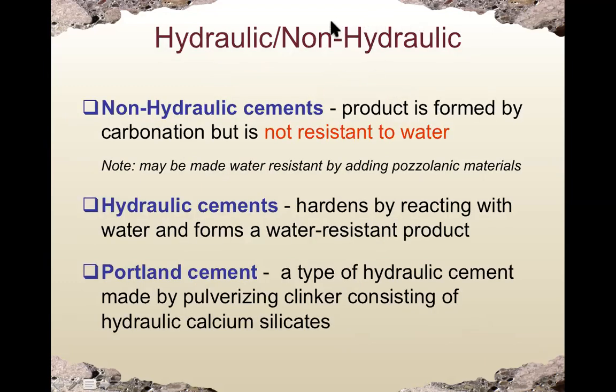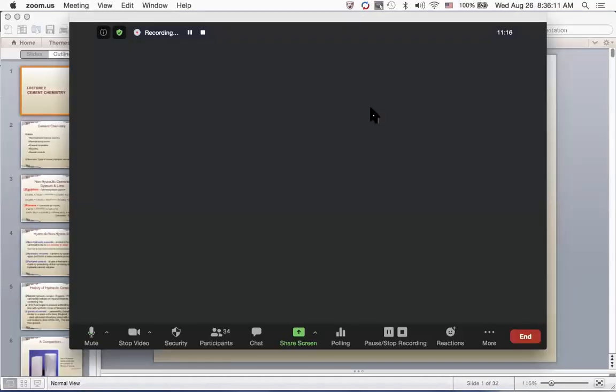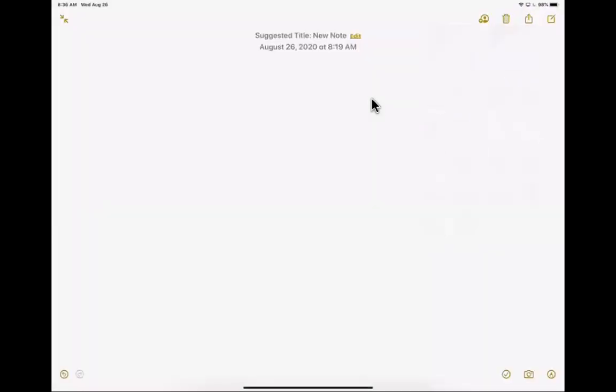Let me write down the new equation here. Okay. So limestone is CaCO3. Okay. It can actually react with carbon dioxide from the air plus 1 part of water.